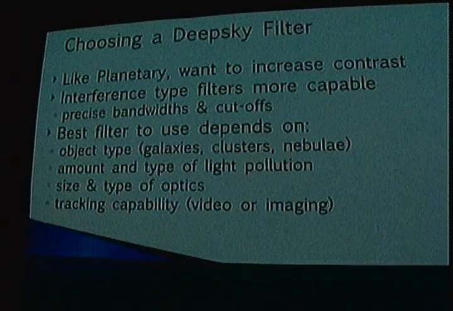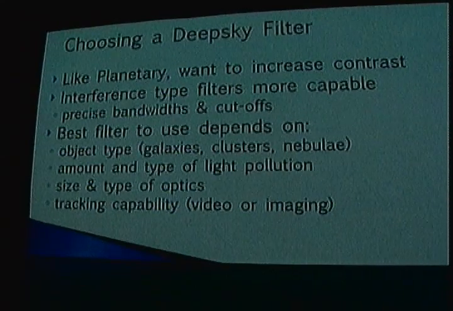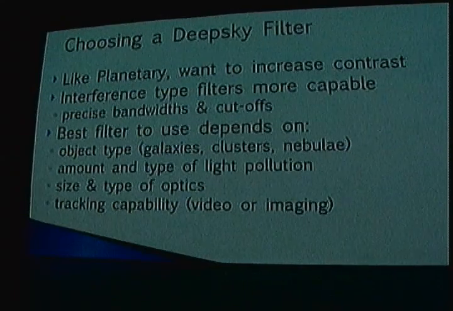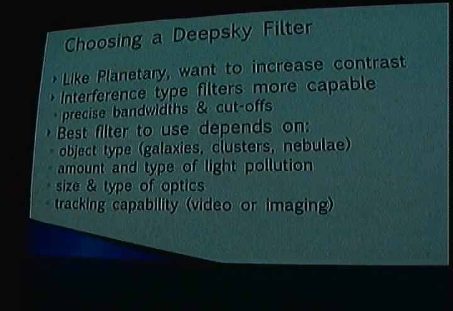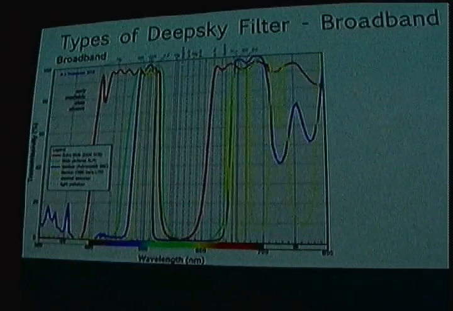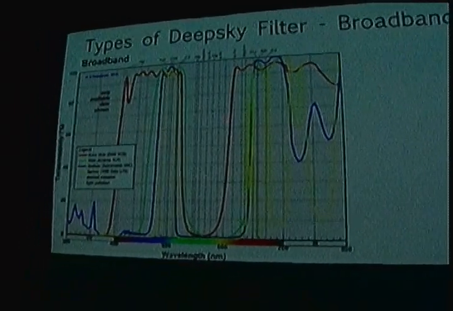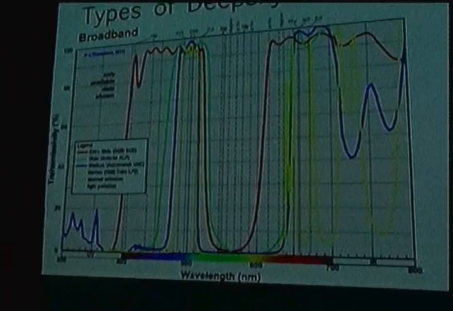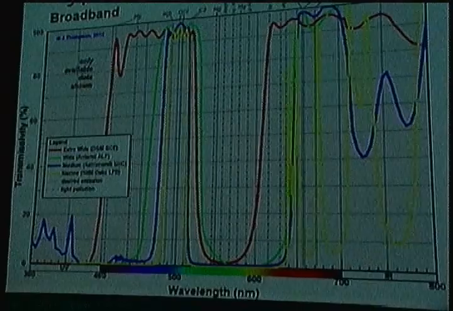Now, to help better understand what the choices are of filters out there, I've divided all of them up into 4 main categories. The first category is called broadband. This transmission plot shows a few examples from this category.